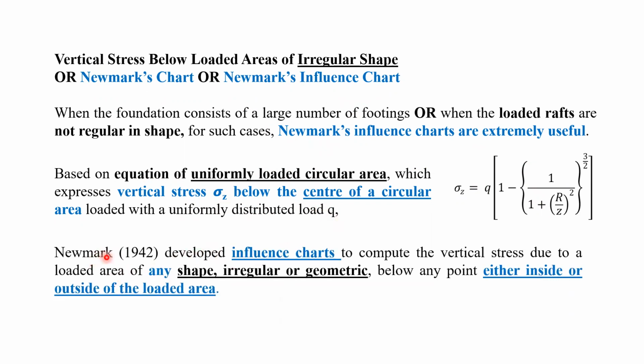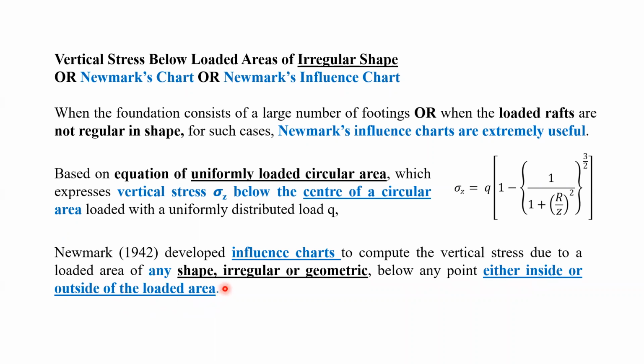So you can see here, Newmark developed an influence chart to compute the vertical stress due to a loaded area of any shape. As you see, irregular shape. Any shape may be there, whether it is irregular or geometric, below any point, either inside or outside the loaded area.